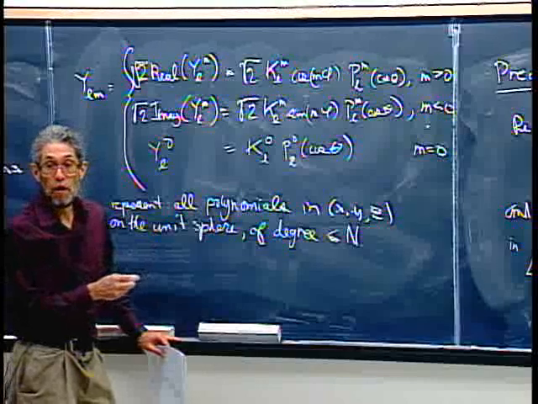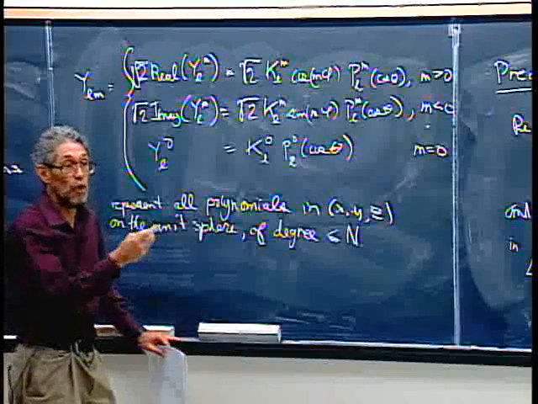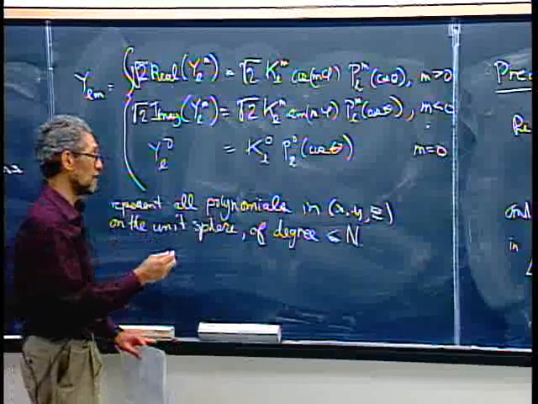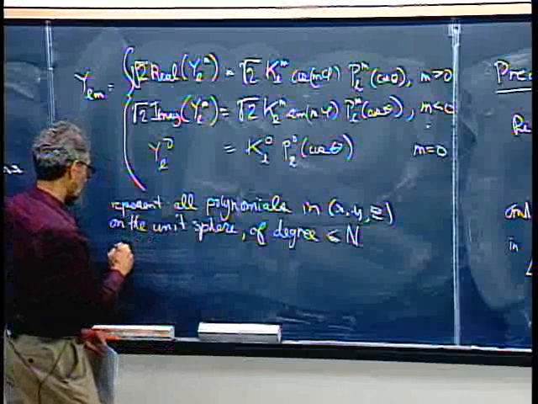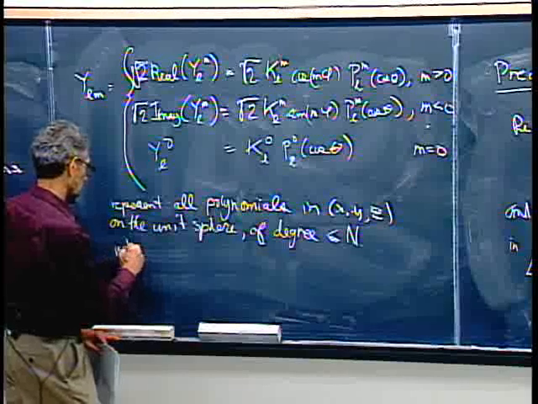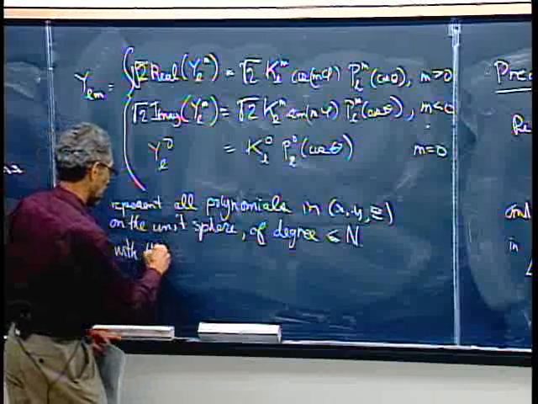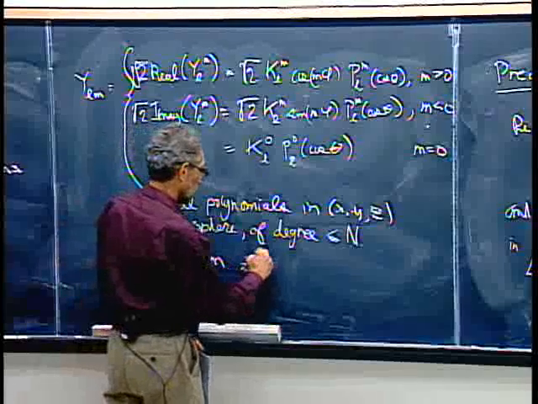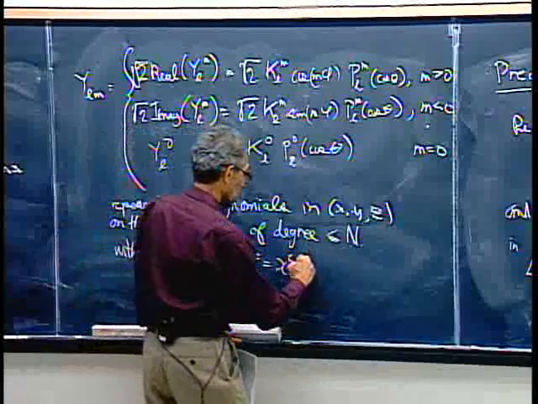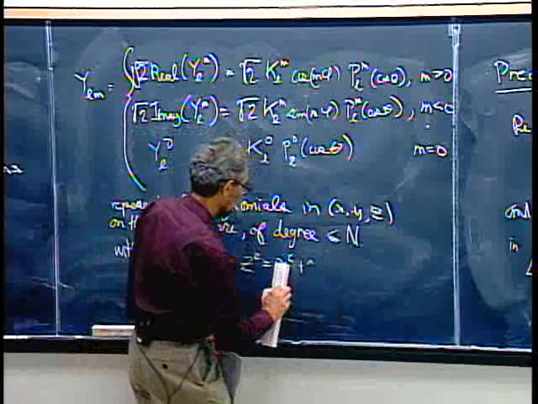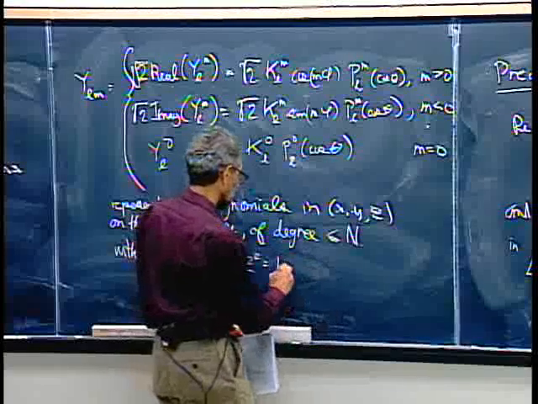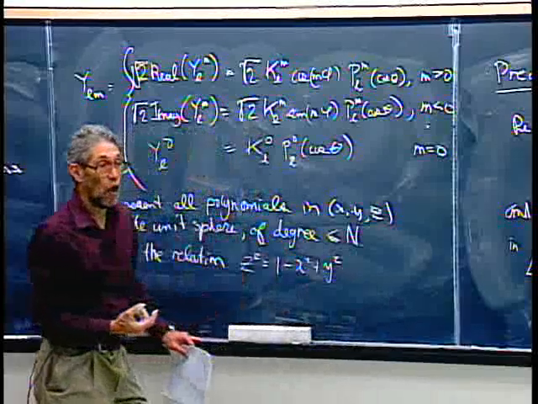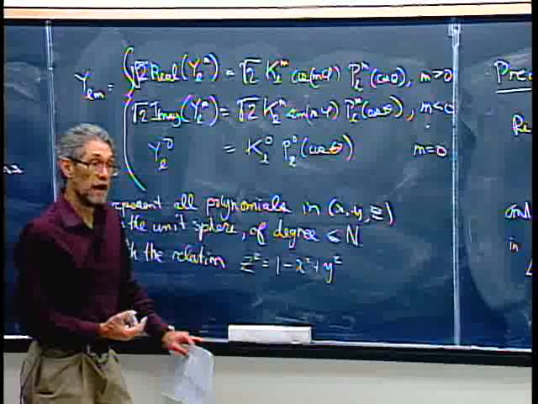You'd think there are more, because you can have both the coefficients and powers of x, y, and z. But basically, with the relation z squared equals 1 minus x squared plus y squared, you can use this to eliminate all powers of z higher than 1.